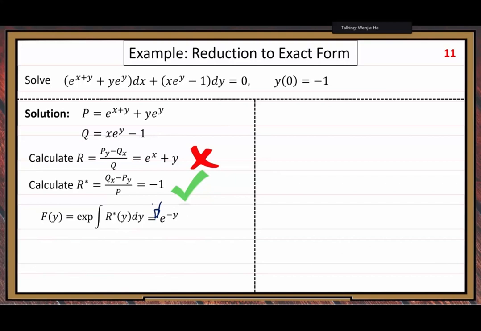So here you can see, we do not include that constant part. Why? Because for the integrating factor, our goal is to choose an integrating factor, and we want to make it as easy as possible. To make it easy, we make this constant 1.